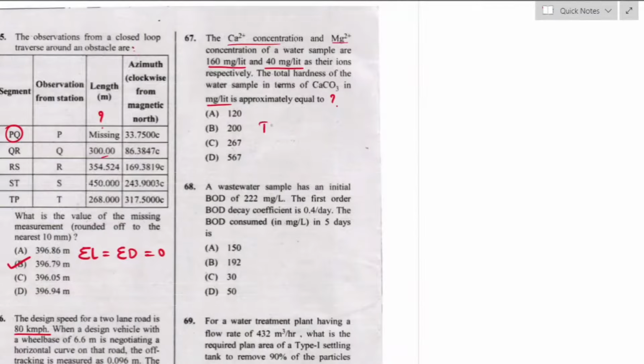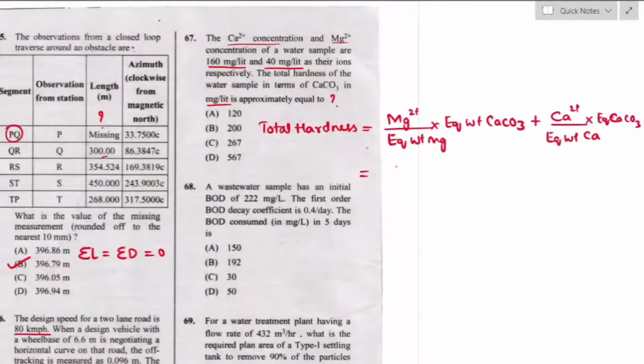So total hardness of a water sample is given by magnesium concentration is 40, equivalent weight of magnesium is 12, equivalent weight of calcium carbonate is 50, calcium concentration is 160 mg per liter, equivalent weight of calcium is 20 and equivalent weight of calcium carbonate is 50.